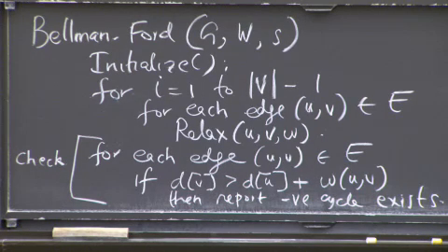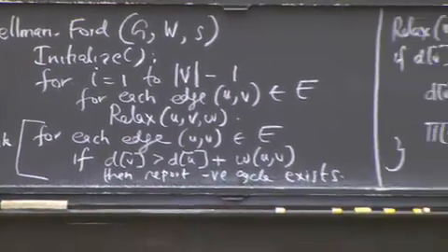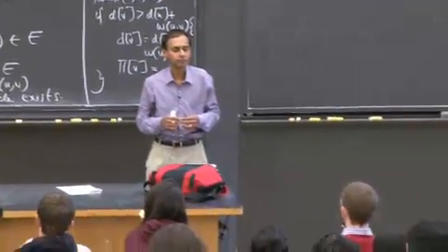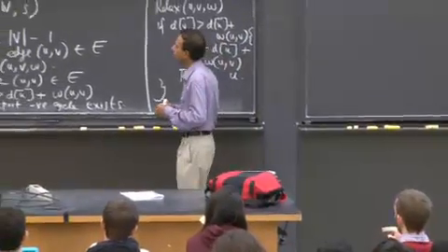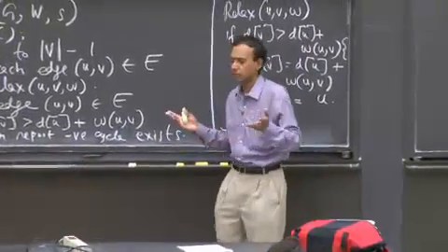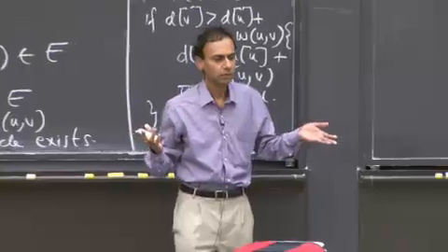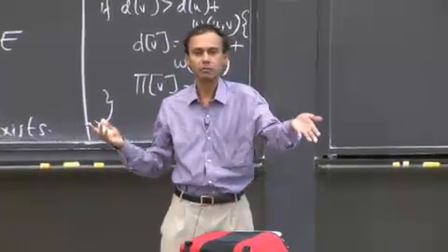So what's the complexity of this algorithm using the best data structure that we can think of? Anyone? Yeah, go ahead. VE plus E, or big O of VE plus E, if you're using a dictionary to access the edges. That's correct.